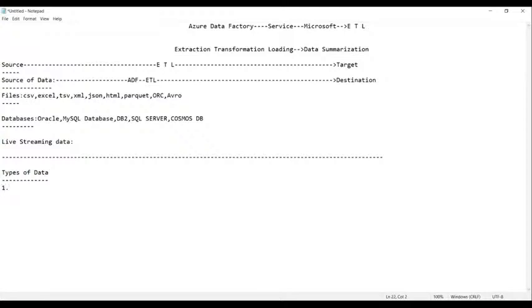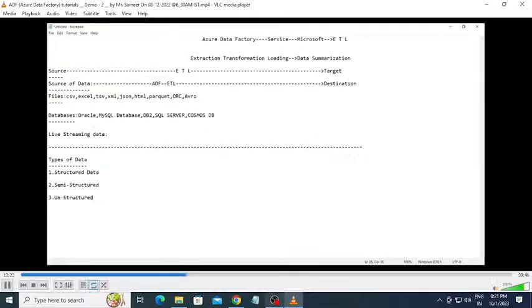The first one is called structured data. The second one is semi-structured data. And the third one is called unstructured data.